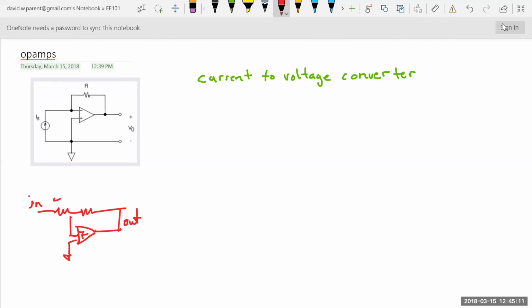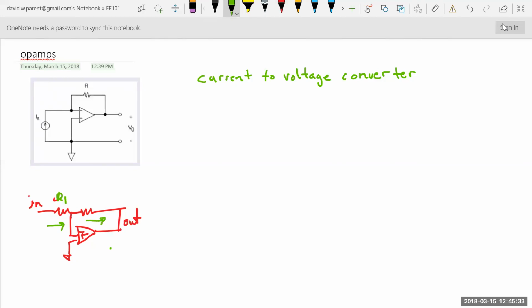So we have R. Here we have a current source, right? Here we have a voltage source and a resistor.